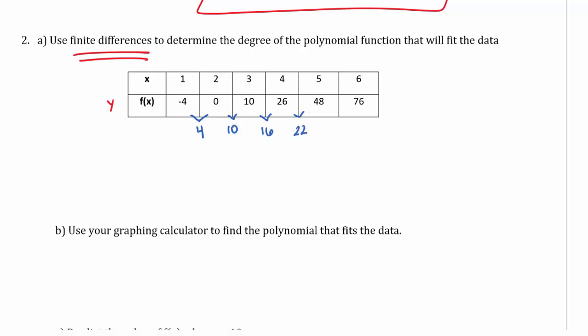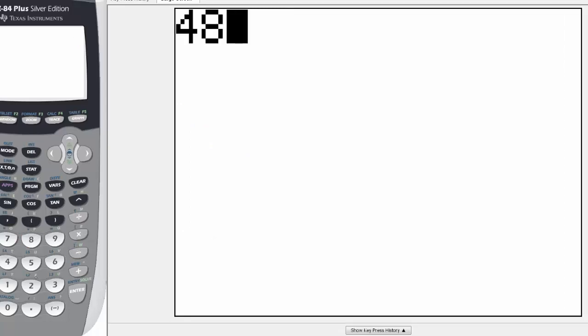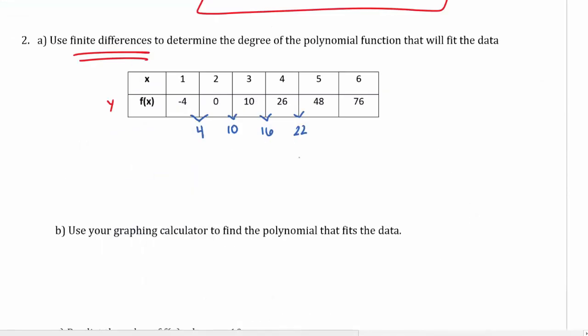If you need to use your calculator, you would say 48 minus 26 is 22. So just make sure that you're checking things properly. So from 48 to 76 is 28. So that's my first row.